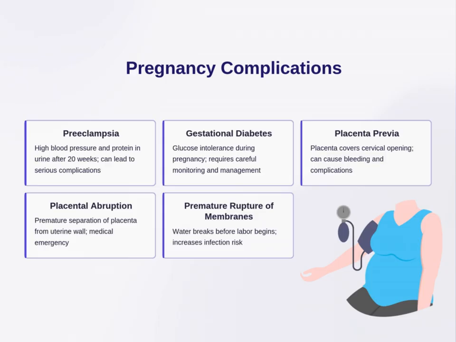It can cause a lot of bleeding with delivery. Placental abruption, the same thing, when the placenta separates from the uterine wall. Premature rupture of membranes is when their water breaks too early, or they don't go in within enough time. It can really increase the risk of infection.